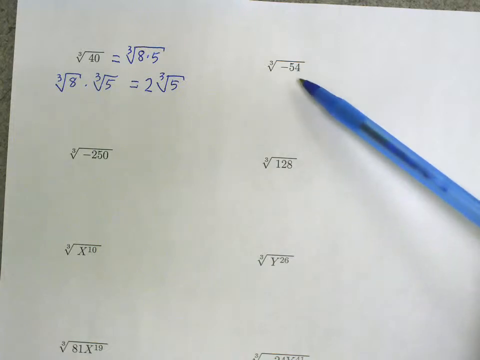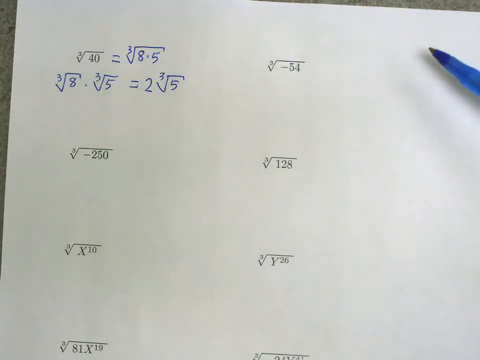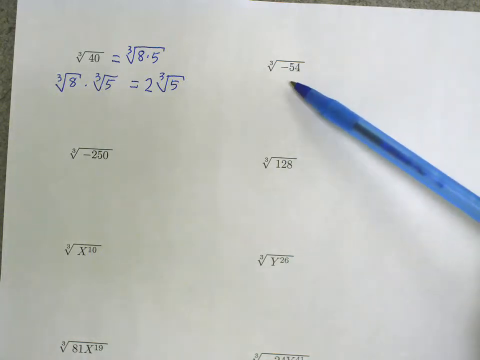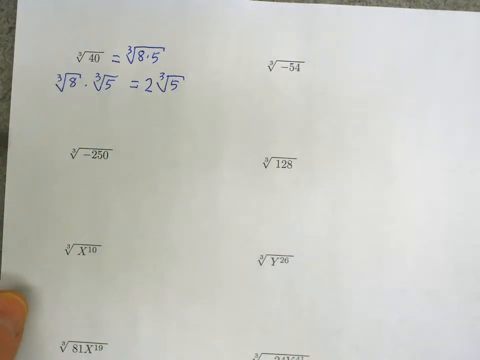The cubed root of a negative real number is a negative real number, whereas the square root of a negative real number is a number, it's just not a real number. So the cubed root of negative 54 is just a negative real number.